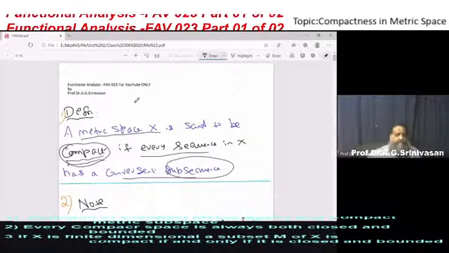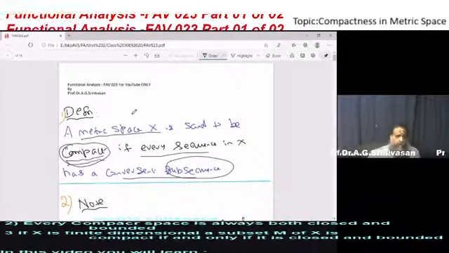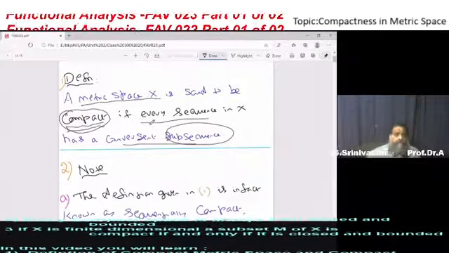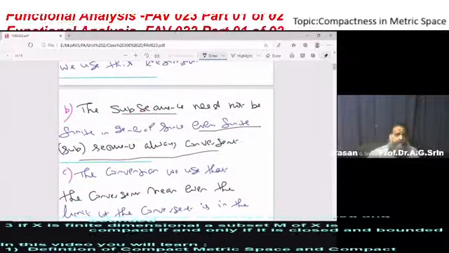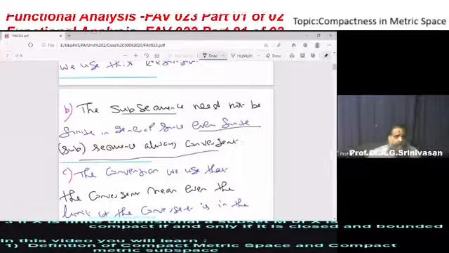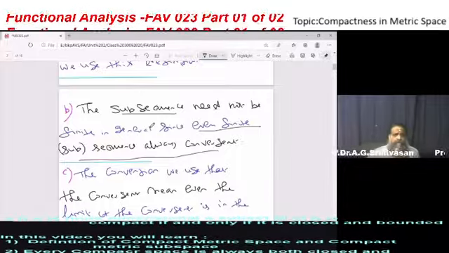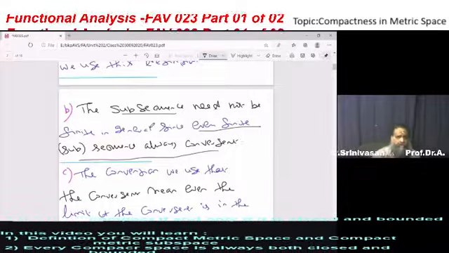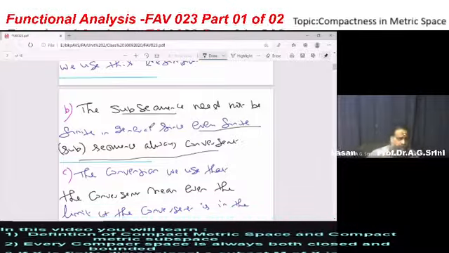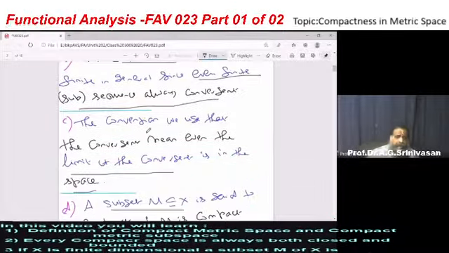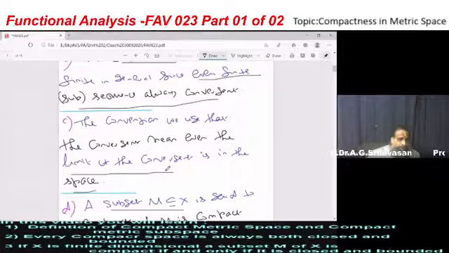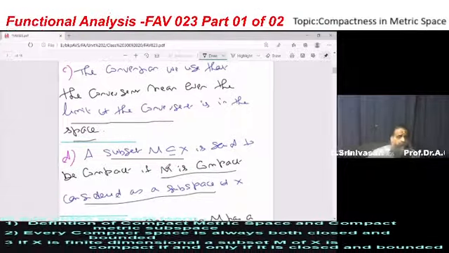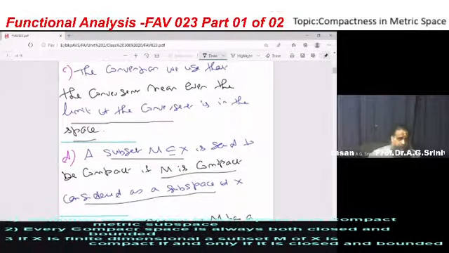Then we made an observation that the subsequence must be always infinite, because every finite sequence is always convergent. And not only that, the convergence to a limit is also there. And we defined what a compact subset is.